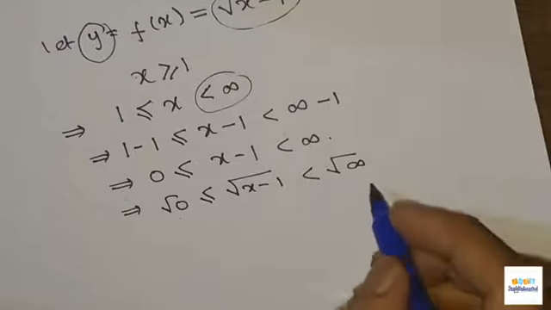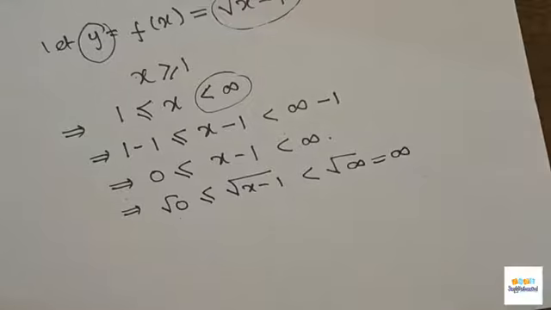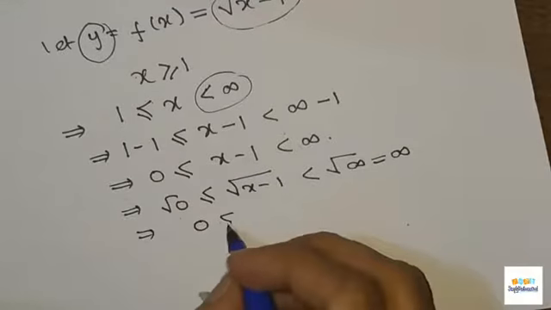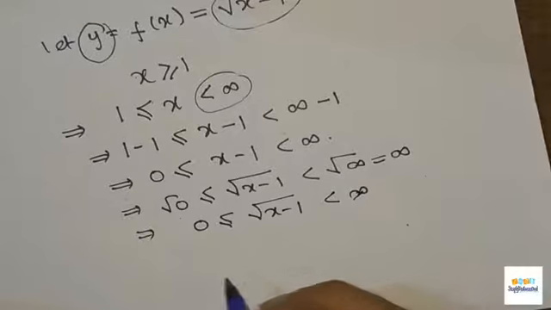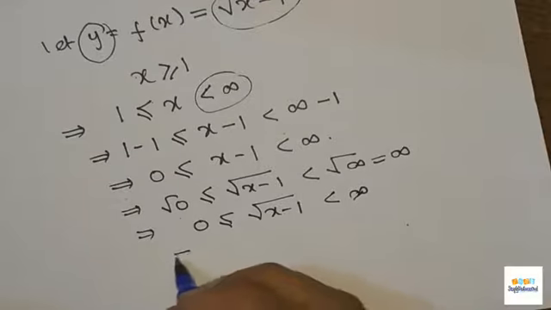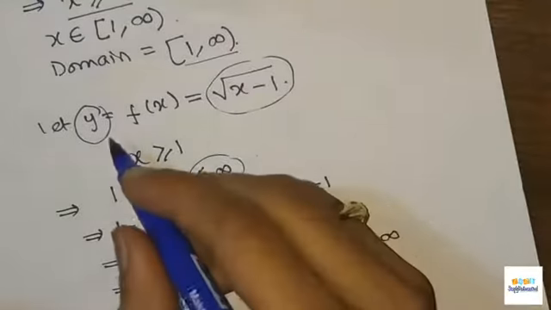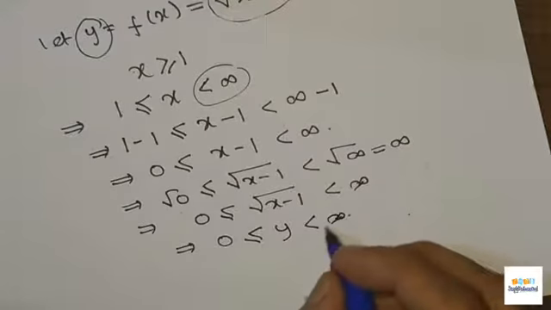So you will get this, and root of infinity is infinity. So you get 0 less than or equal to root of x minus 1, which is y, so you will get y less than infinity.